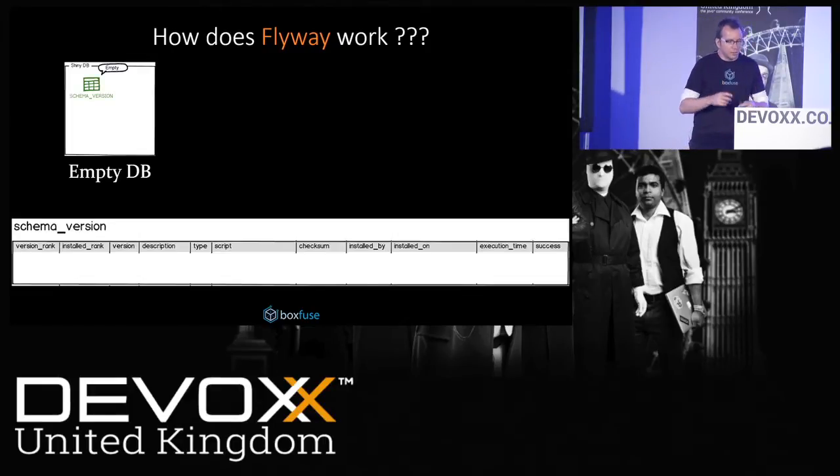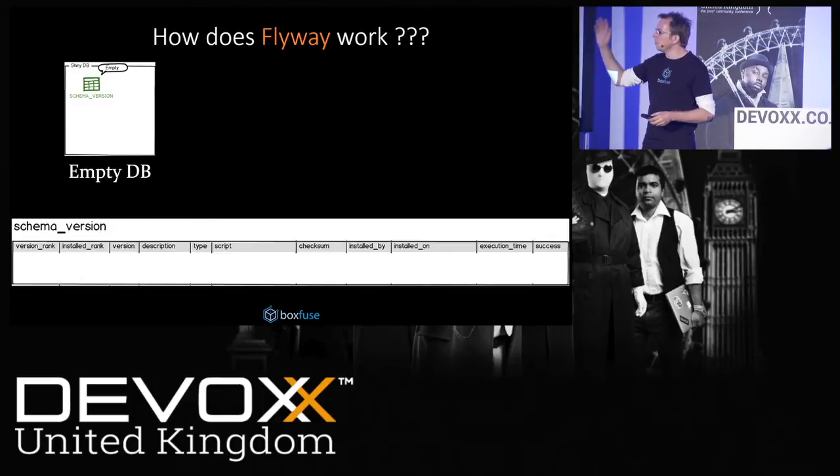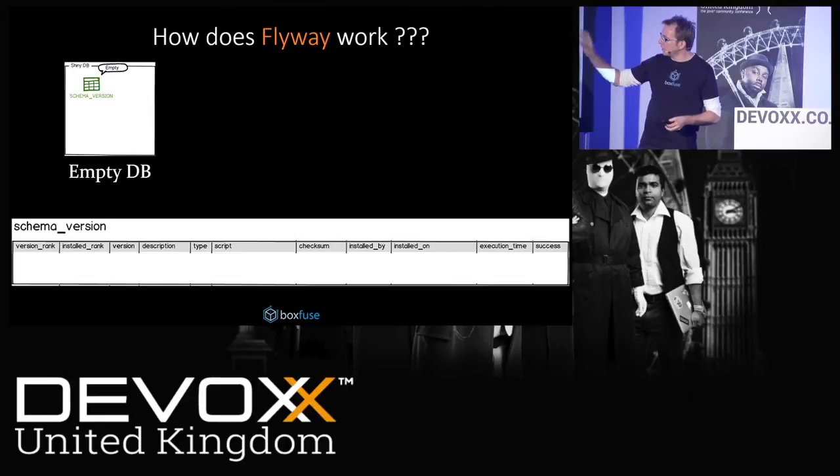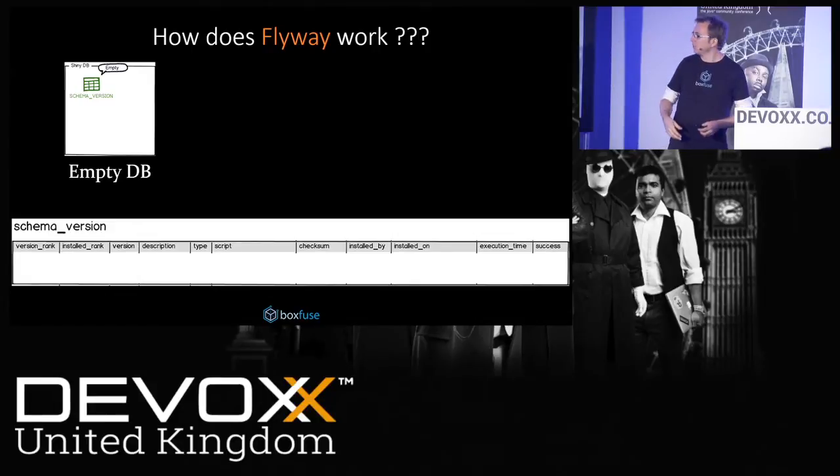So this table contains a bunch of information. It's a bit small here, but it doesn't matter. It contains the version of the script and description, the type, a checksum, which is also useful for accidental change detection, and when and by whom it was installed, how long it took, and whether it was successful or not.